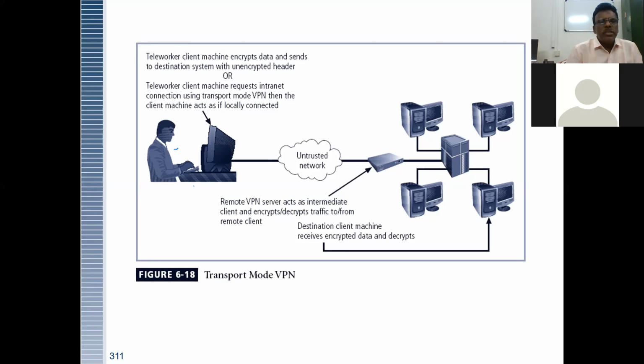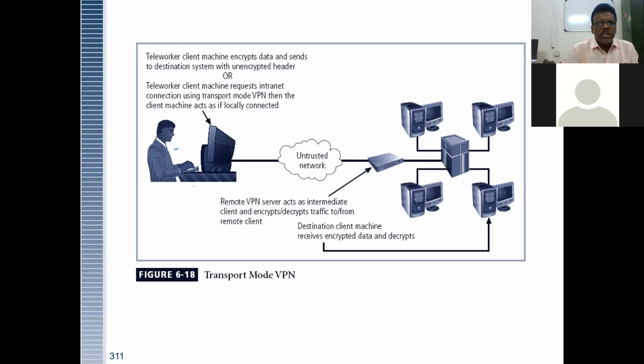A remote VPN server acts like an intermediate client and encrypts. See, through a device such as a switch, a gateway, or a router, which provides full-fledged encryption and decryption of traffic flow to and fro, wherever it may be, the client is going to be accessible. But who is responsible? What we observe is the encapsulation and encryption process of data.